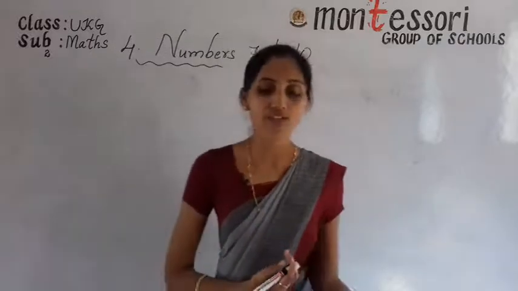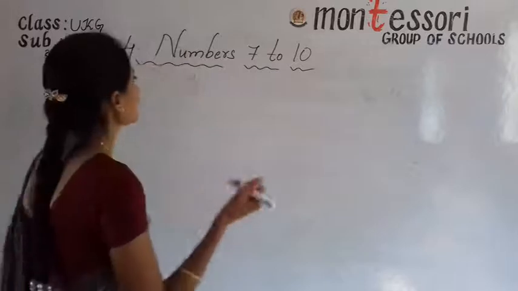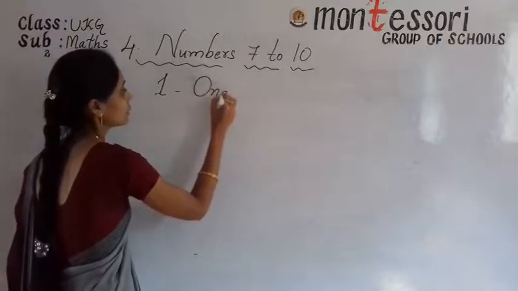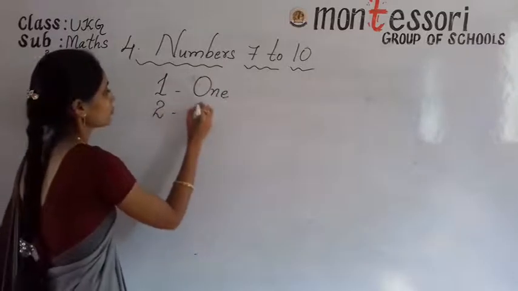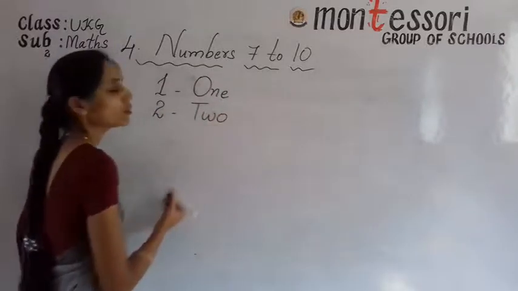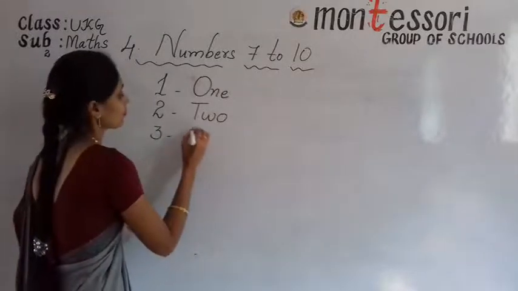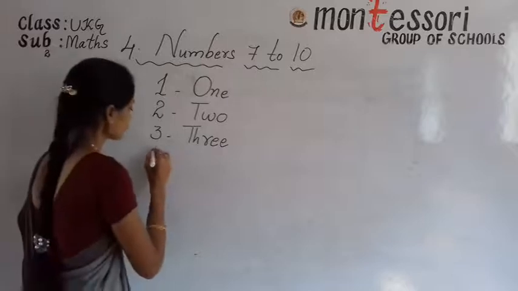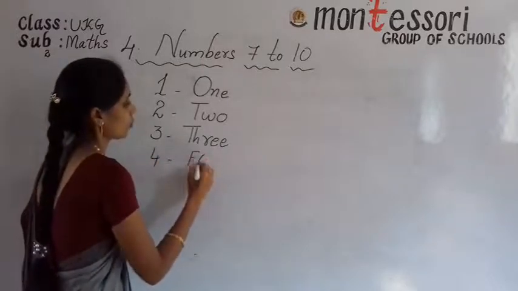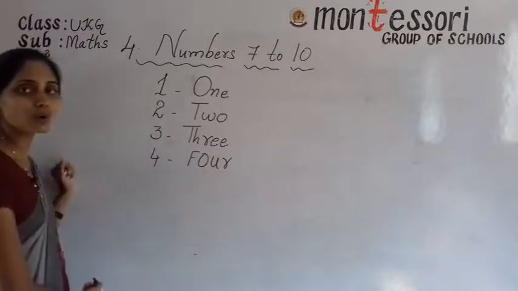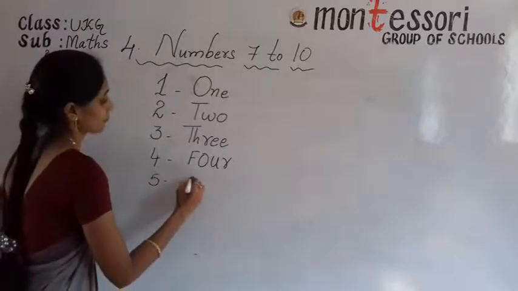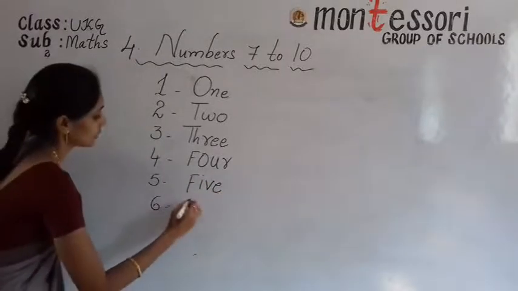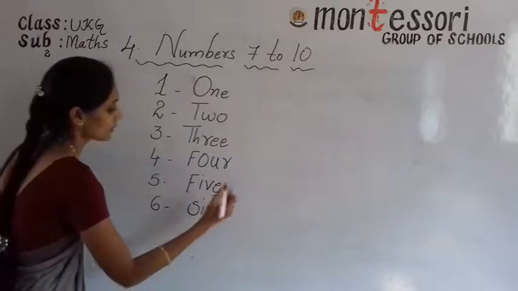Once again we will revise those numbers. 1, O-N-E, 1. 2, T-W-O, 2. 3, T-H-R-E-E, 3. 4, F-O-U-R, 4. 5, F-I-V-E, 5. 6, S-I-X, 6.